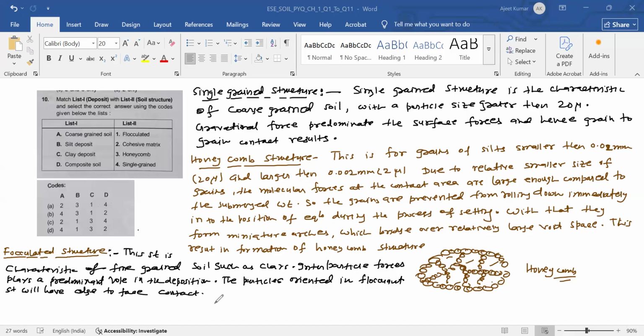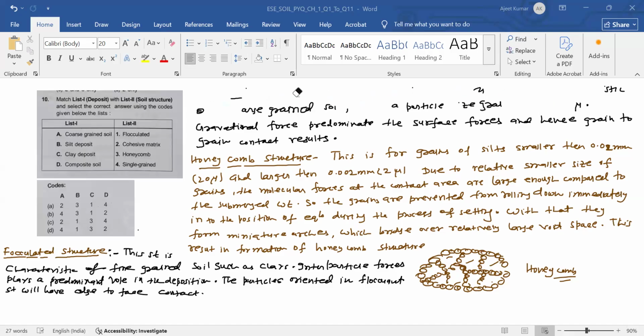Now what is cohesive matrix? So let me erase this part to explain what is cohesive matrix.